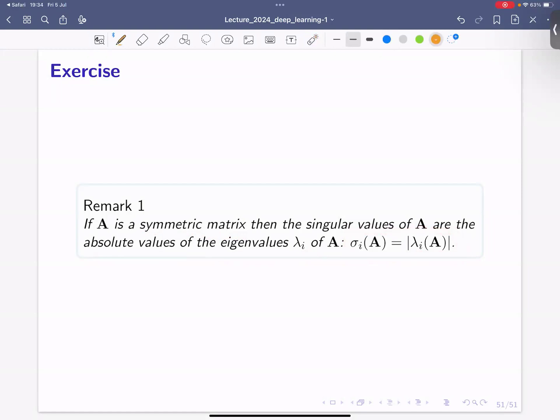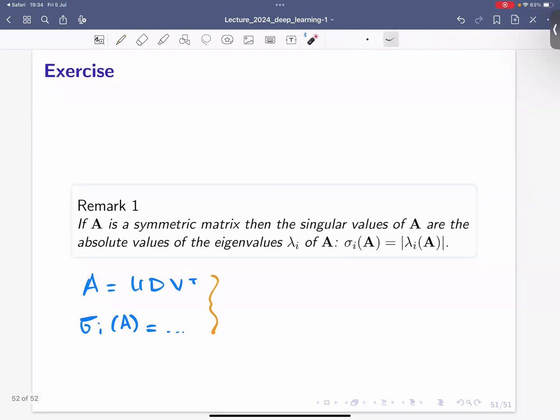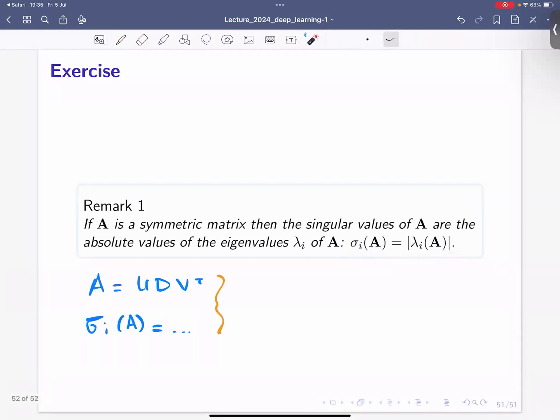And for this, a hint is you can use this decomposition, and then write down the definition, right? So you can write it down and combine these two things, and then you should be able to derive this equality that I just mentioned. Okay, so this ends this section on linear algebra.